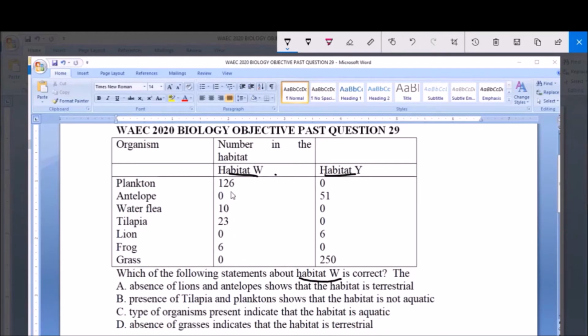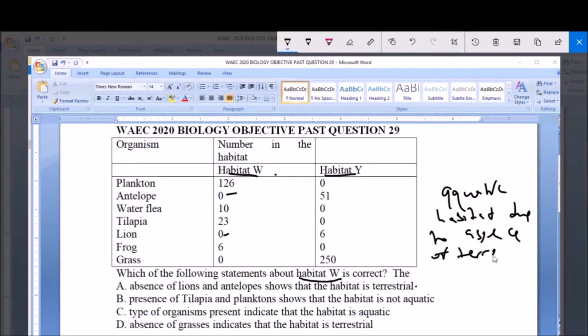It is true that there are no lions and antelopes in the habitat, but this doesn't indicate that the habitat is terrestrial, because if there are no antelopes and lions there, then the habitat is most likely an aquatic habitat due to the absence of terrestrial animals such as the lion and the antelope. So option A is not the answer to this question, as the statement is not correct.